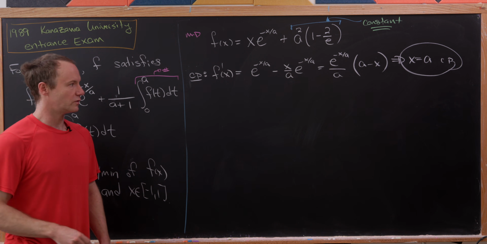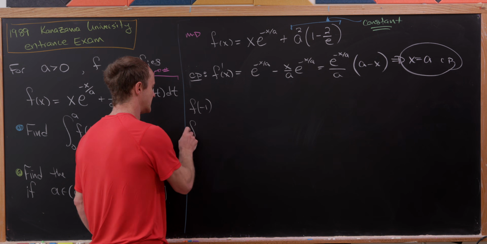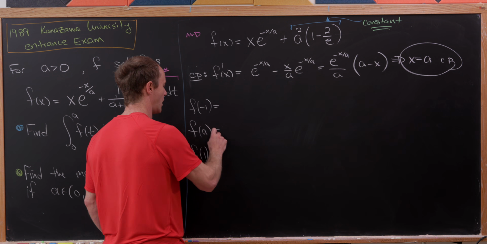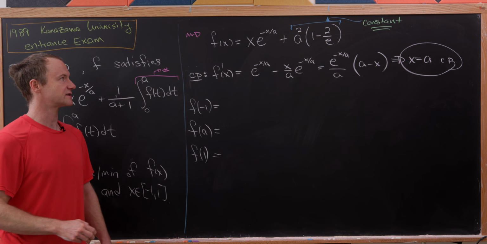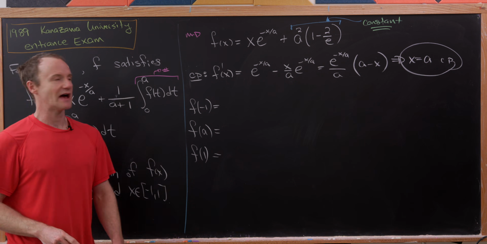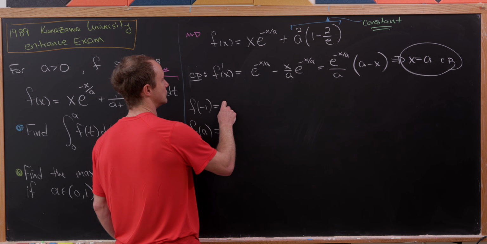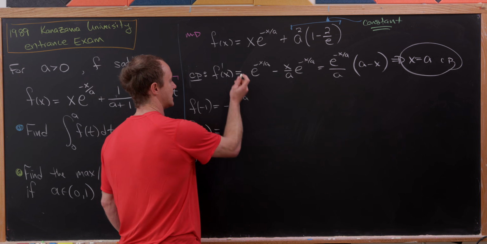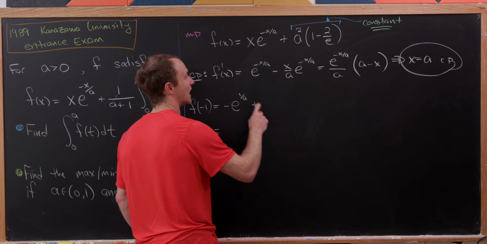Okay, well now we need to look at f evaluated at minus 1, f evaluated at a, and f evaluated at 1 to determine which one is the biggest and which one is the smallest. So let's see, f evaluated at minus 1 will be equal to minus e to the 1 over a plus a constant.